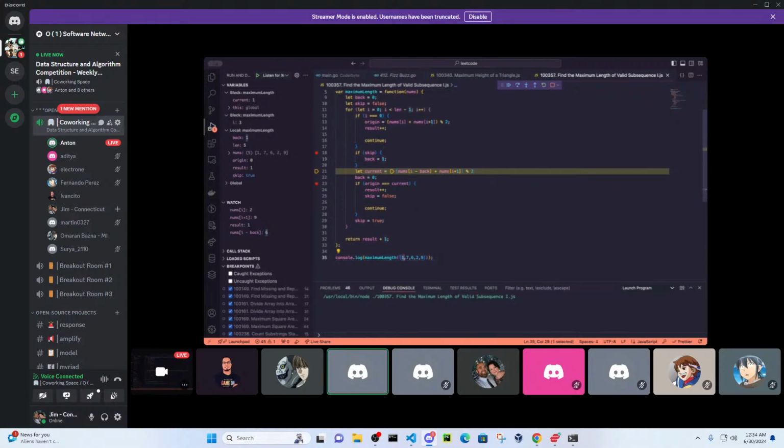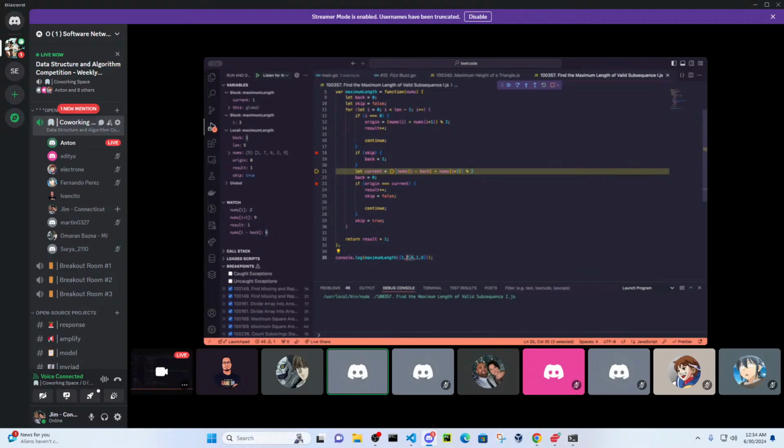So what's the idea? If you have 1 plus 7, so it's okay, it's 8, so the result of origin will be 0. 7 plus 6, it will be 1, so the current will be 1.